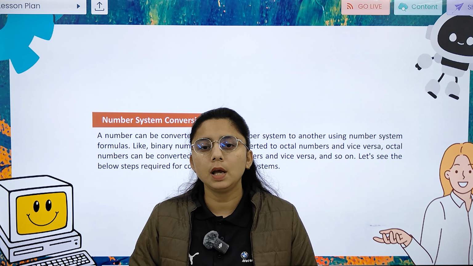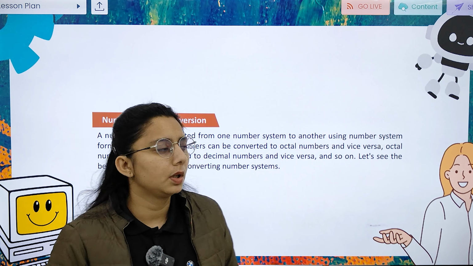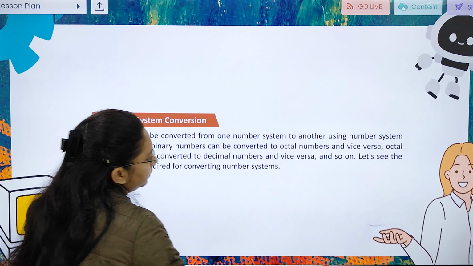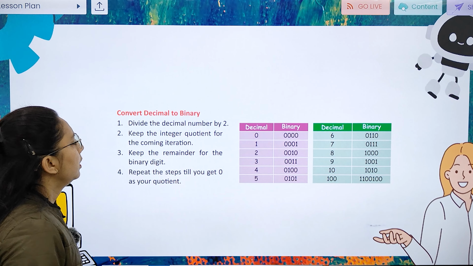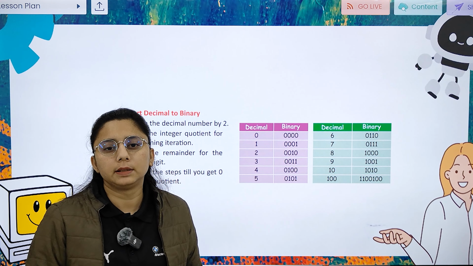Right? Okay. Now, let's study number system conversion. How we will convert between the different number systems. First we will convert decimal to binary.